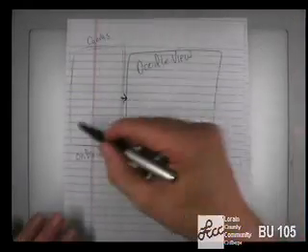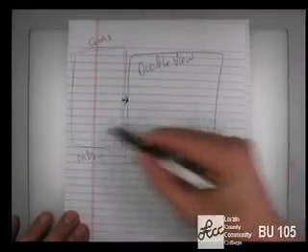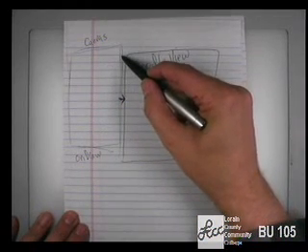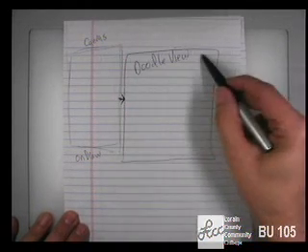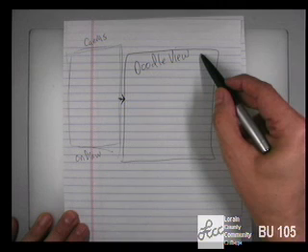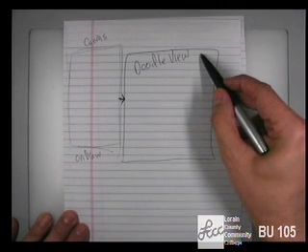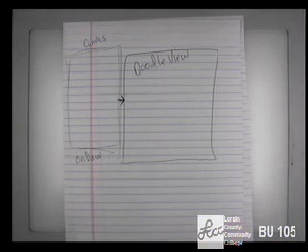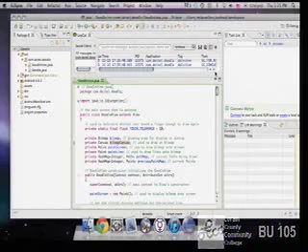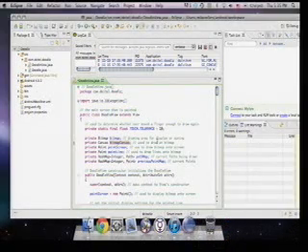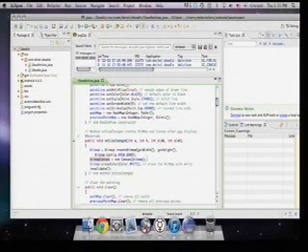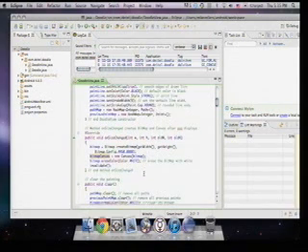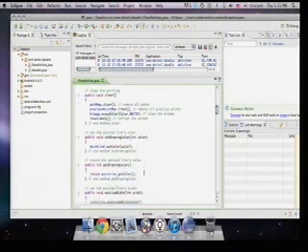So if we draw a line like this and draw it on the canvas, that will be placed then on the doodle view. So onDraw takes what's in the canvas. Well, onDraw does whatever we tell it to do. But with onDraw, if we look at the code for this, a little bit further.